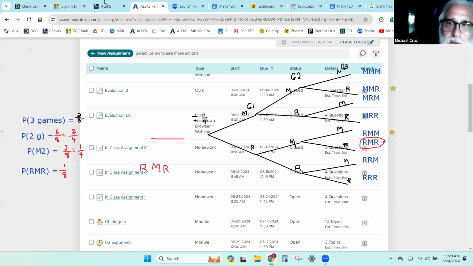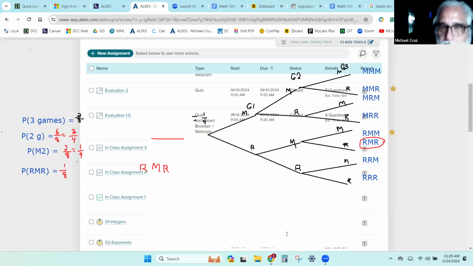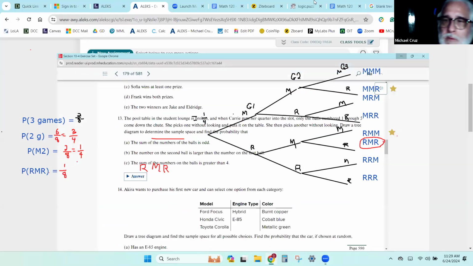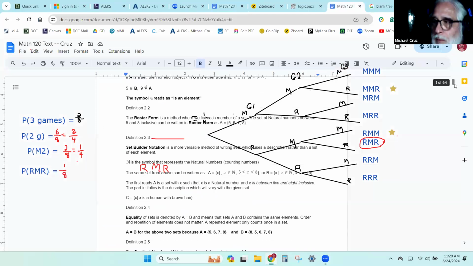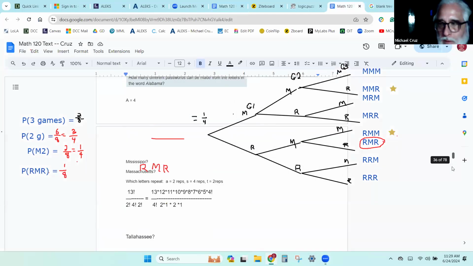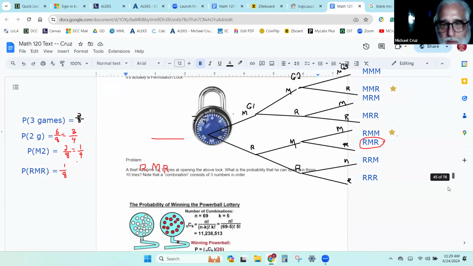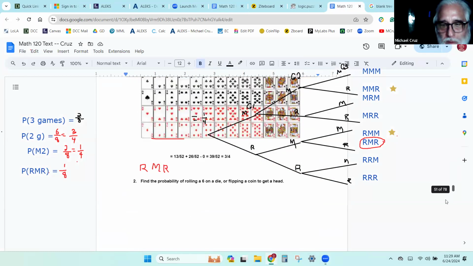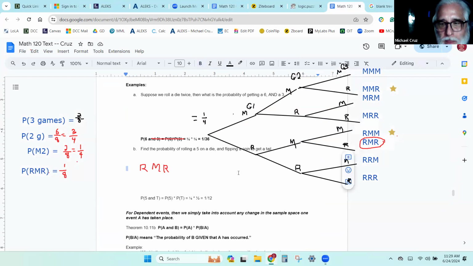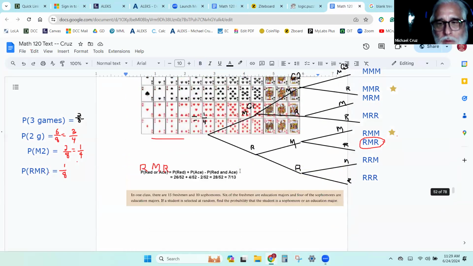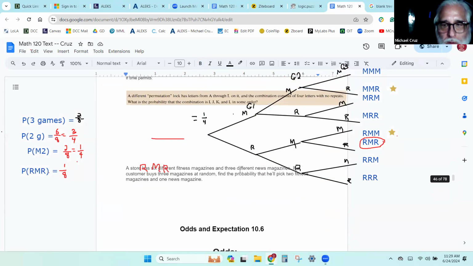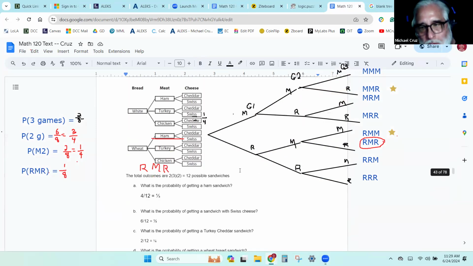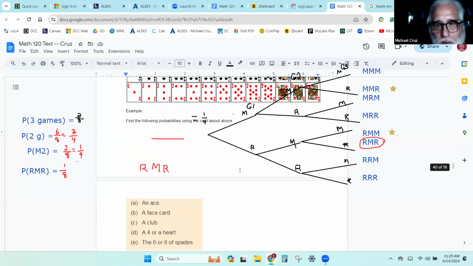All right. Let's see if we have time to look at another one. Oh, I was going to look at one of the notes. That's right. All right.